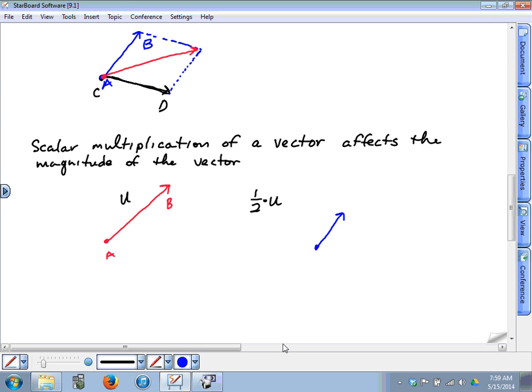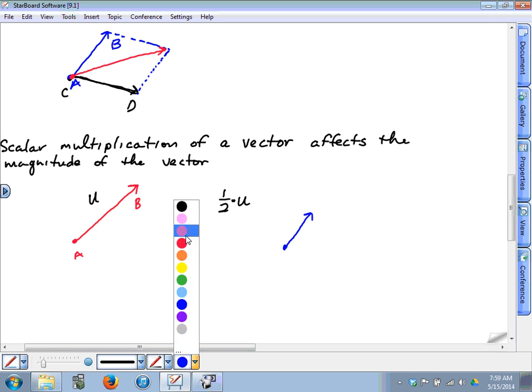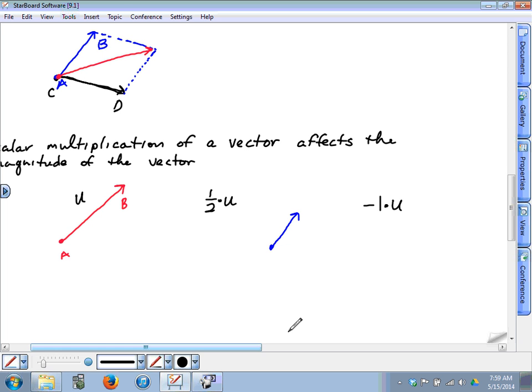Now, let's keep with this same vector for a moment. What would you think, just your first impulse, if I ask you to draw this? Yep, opposite direction. Same magnitude, just in an opposite direction. So try your best to draw that.